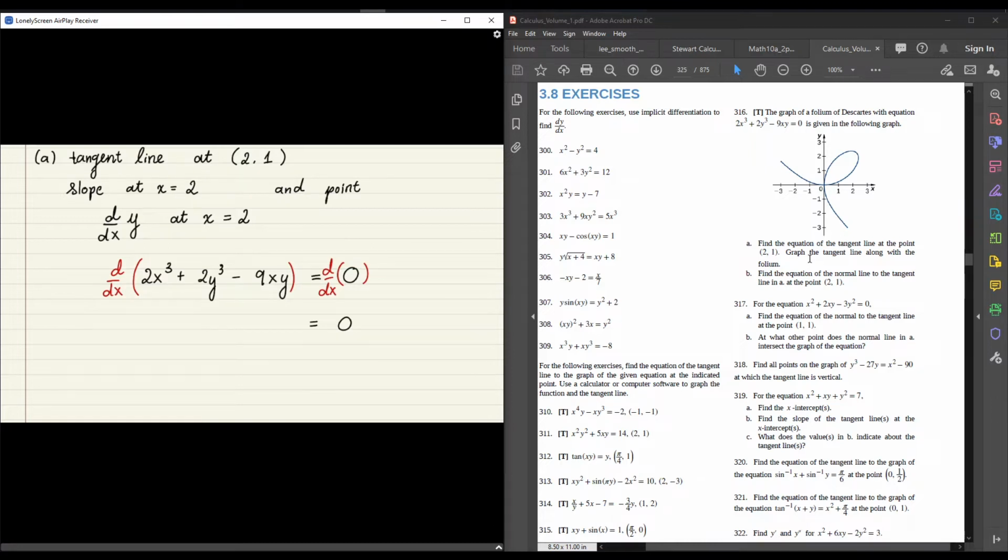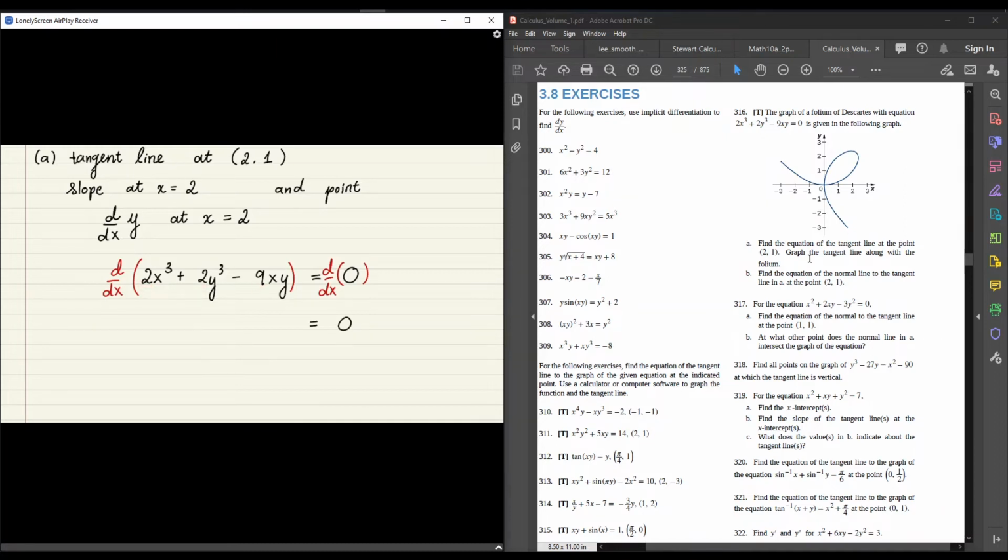On the left hand side, we have the derivative of the summation of several things, so that will be the sum of the individual derivatives. And I can also apply the constant multiple rule to pull out the constant.